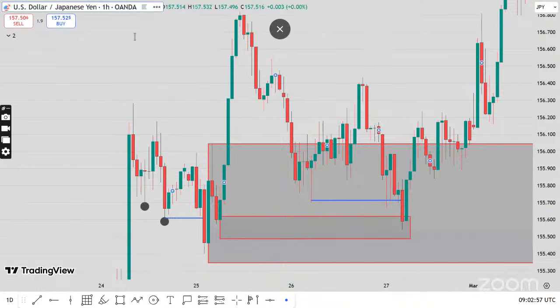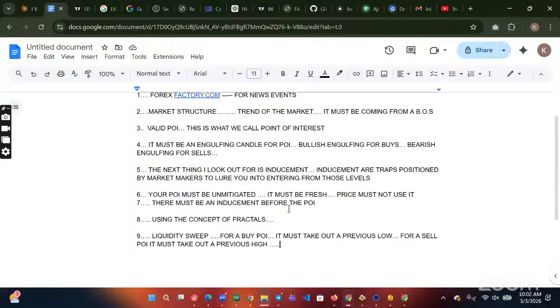Now, there is another important one which must be available. Number 10, the engulfing must also have a liquidity sweep. Remember, the first one we looked at was structural liquidity.